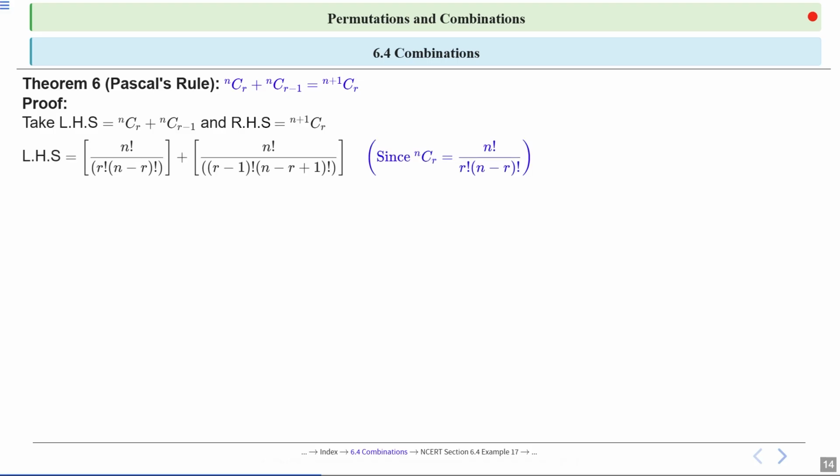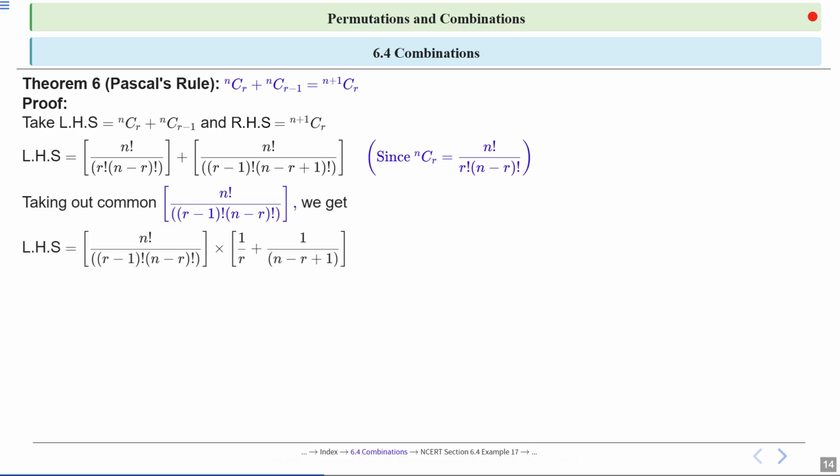So LHS is equal to n factorial upon r factorial times (n minus r) factorial, since nCr equals n factorial upon r factorial times (n minus r) factorial, plus n factorial upon (r minus 1) factorial times (n minus r plus 1) factorial. Taking out common n factorial upon (r minus 1) factorial times (n minus r) factorial, we get LHS as n factorial upon (r minus 1) factorial times (n minus r) factorial times (1 by r plus 1 by (n minus r plus 1)).